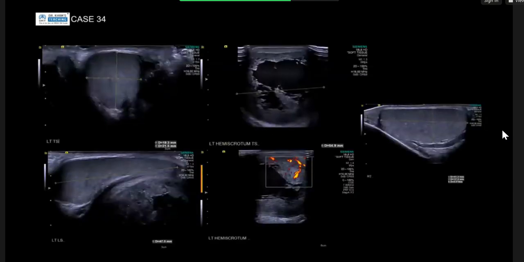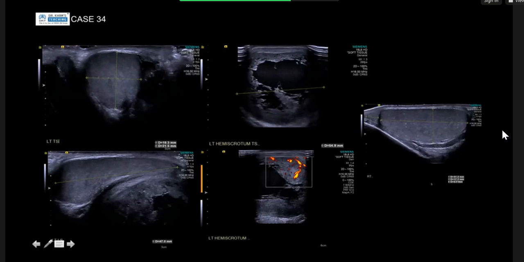So this is a 14-year-old patient presenting with, I'll make them a 10-year-old patient presenting with swelling of the left testicle. What do you think, candidate 4? Yeah, so this is a 7-year-old patient presenting with swelling of the left testicle.